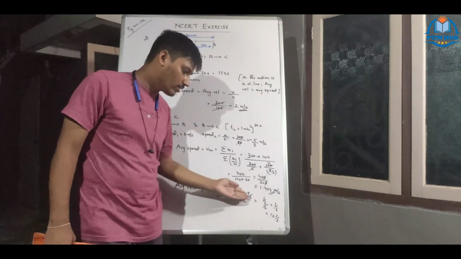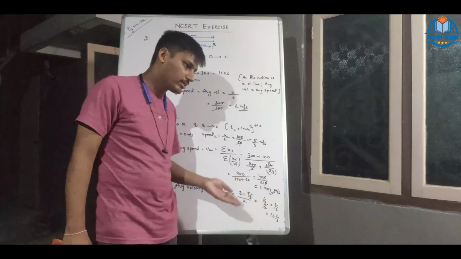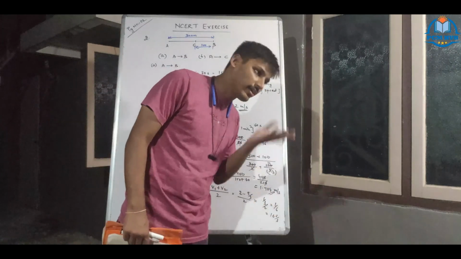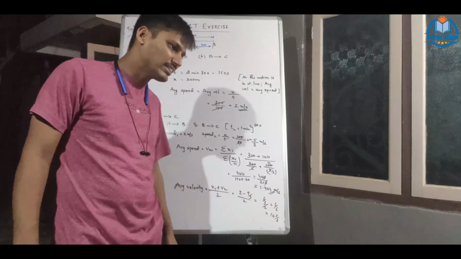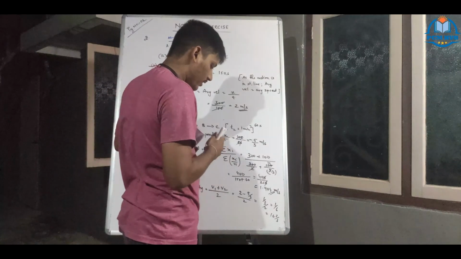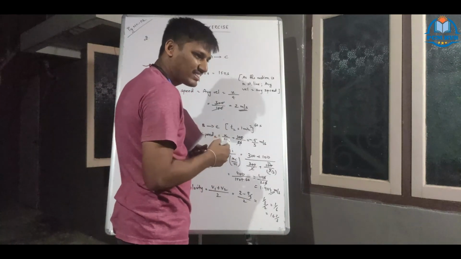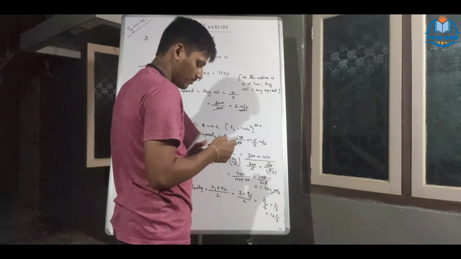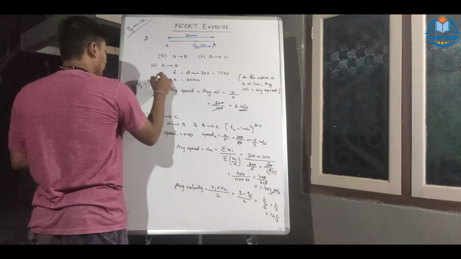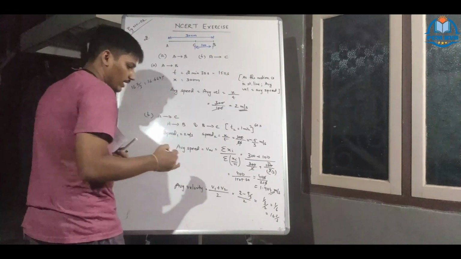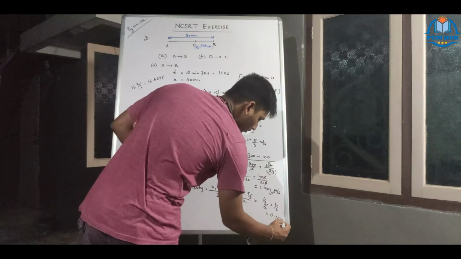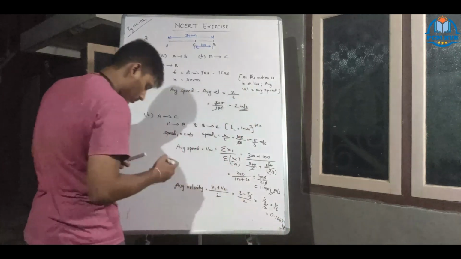Then 1 by 3 by 2 is 1 by 6, which is 16 2 by 3 percent, meaning 16.667 percent. So you will get 0.1667 meters per second. This should be the answer.